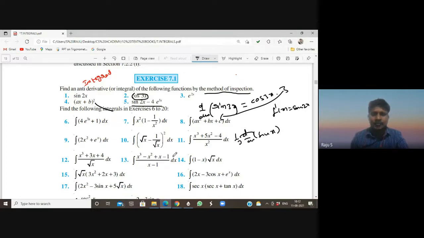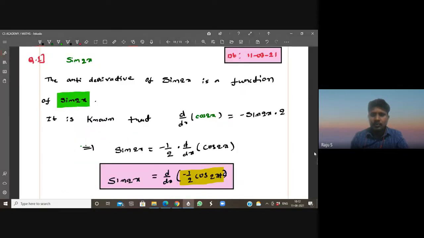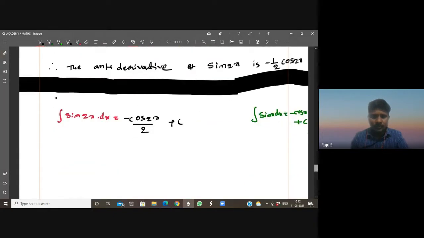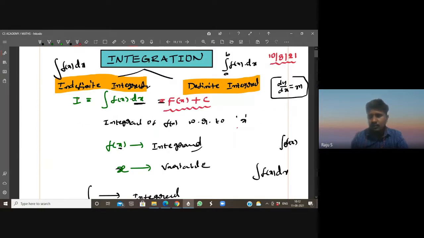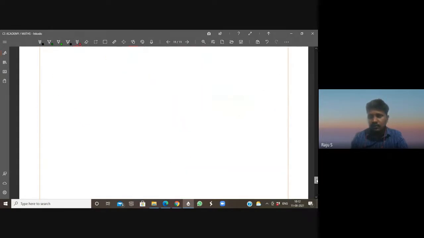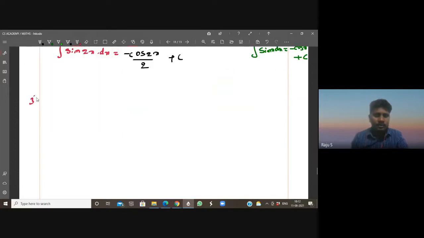So coming to the fifth question, e power 2x you can take. Let us see the third question and the fifth question.